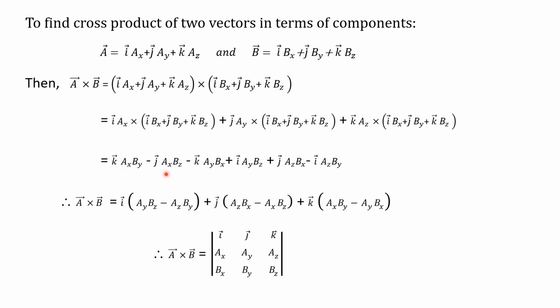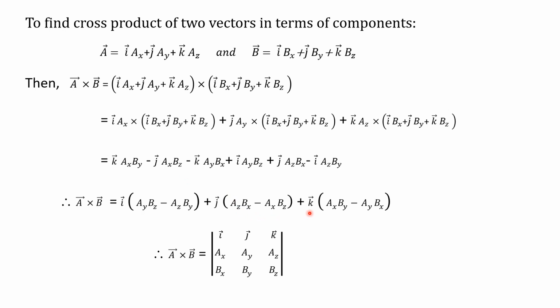Now we simplify further. We combine i terms, j terms and k terms. Therefore, vector A cross vector B is equal to vector i times the two terms, Ay Bz minus Az By, taking i common. Similarly, we combine the j terms: Az Bx minus Ax Bz.